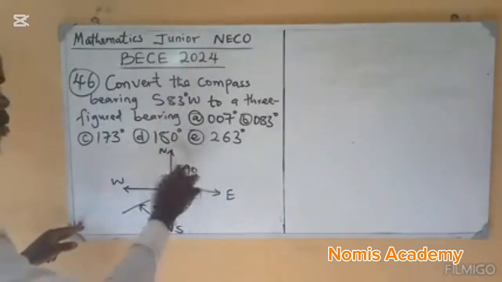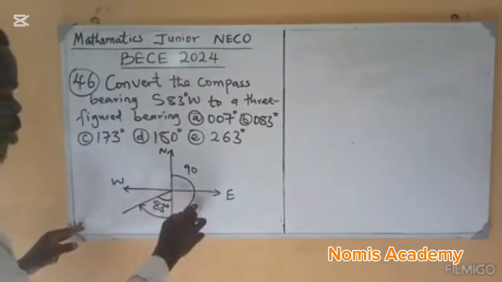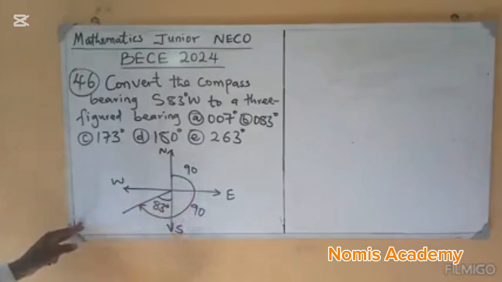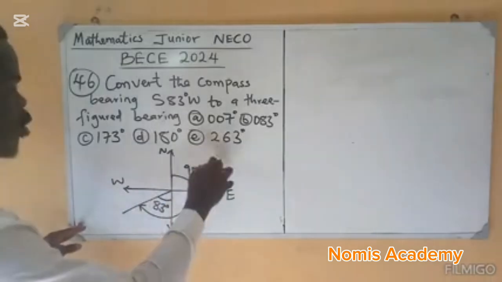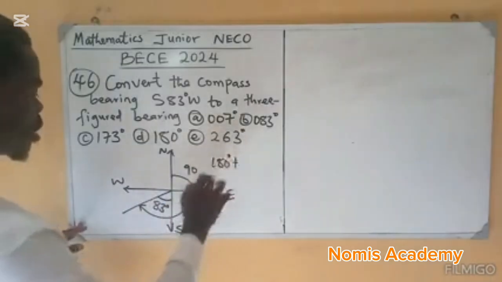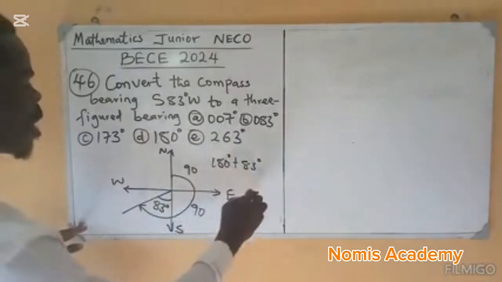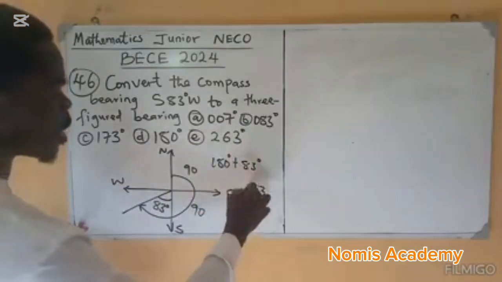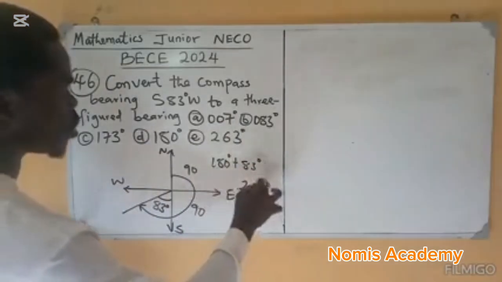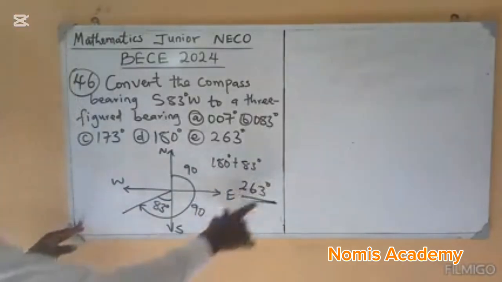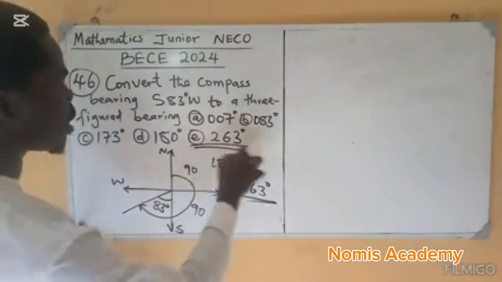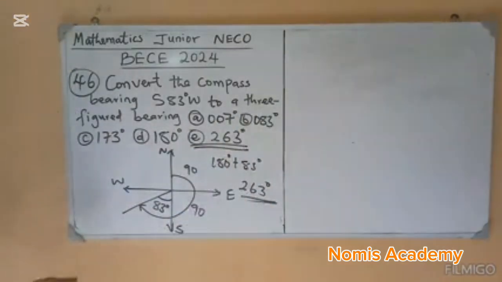Now this is a right angle 90, this is also a right angle 90. So we are adding 90 plus 90 plus 83 degrees. So 90 plus 90 is 180 plus 83 degrees. So when you add this up, we have 263 degrees. Option E is the correct answer.